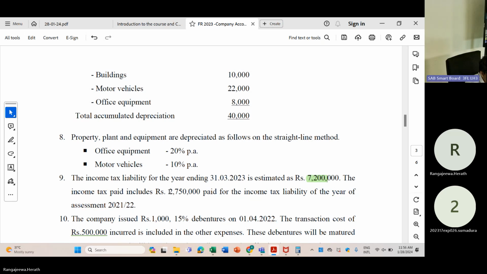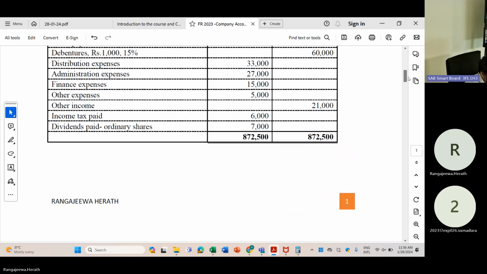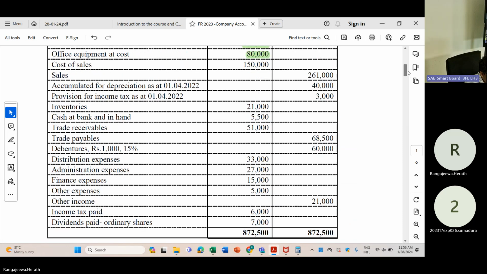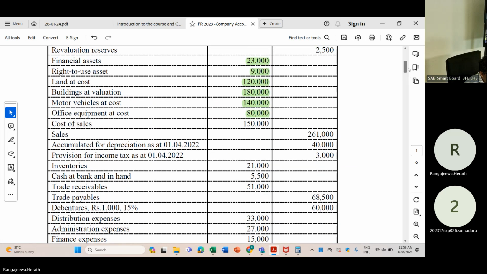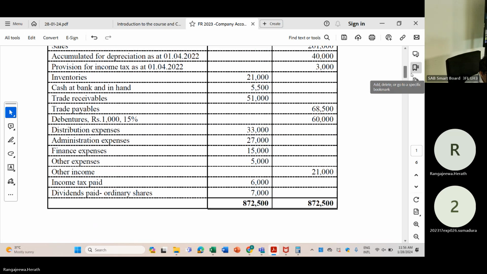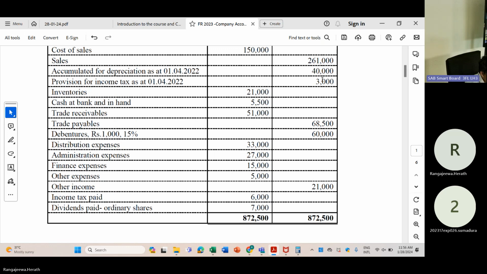Income tax paid include 2,750 paid for the last year. Now we have income tax payable for the last year. Provision for income tax we have 3,000.